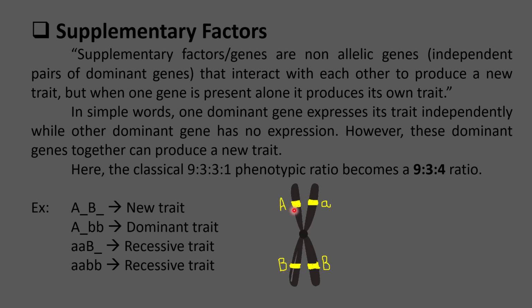But when A or B is present alone, they cannot produce that particular red product. If the character of allele A is to produce some yellow color, then it produces yellow color in the absence of the other gene. So this can produce its own color when it is present alone.